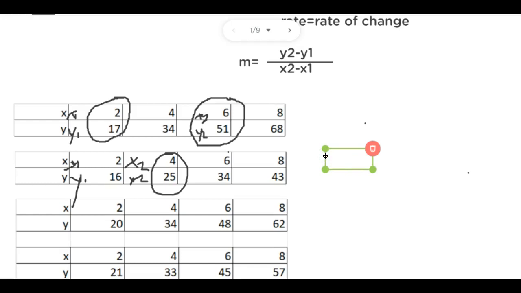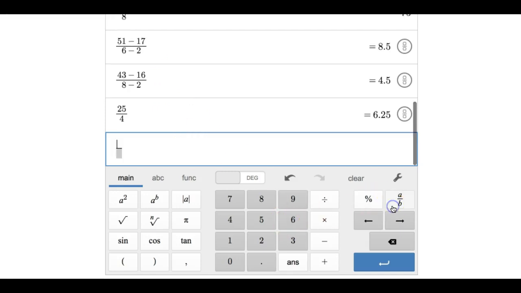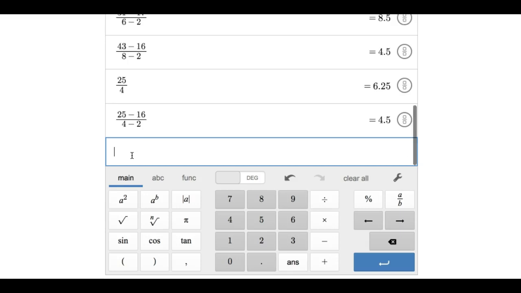So you end up with 25 minus 16, that's y2 minus y1, over 4 minus 2. Let's go to our calculator. That's 25 minus 16 over 4 minus 2. Look at that. We still get 4.5.